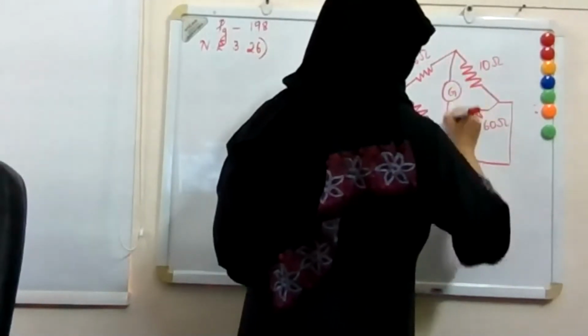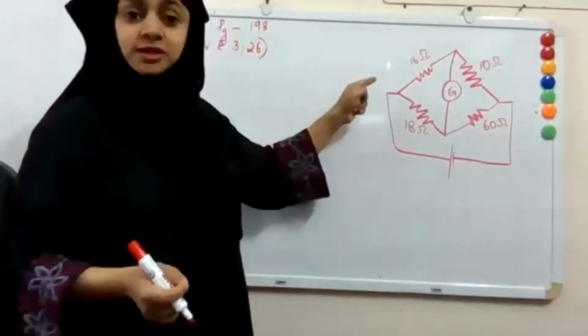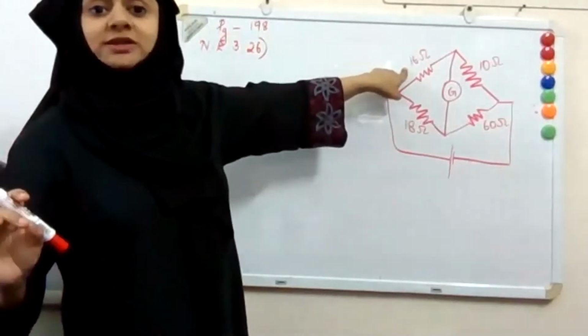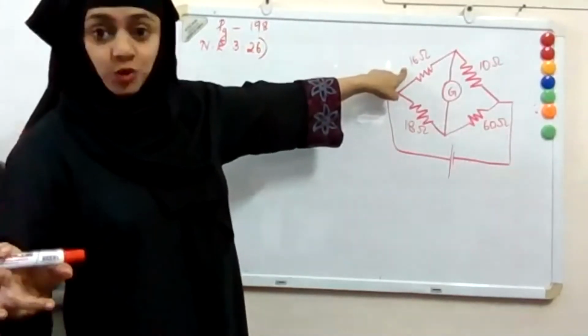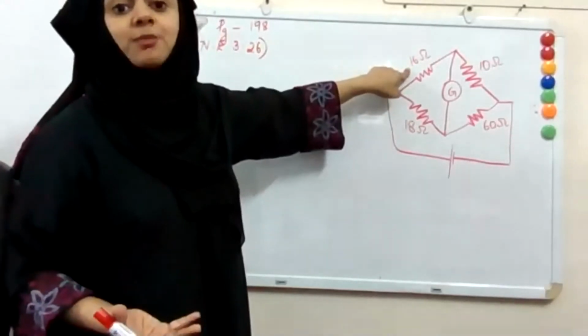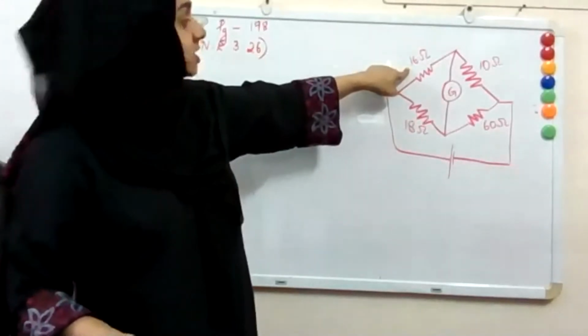At this point, I would like to bring to your notice that in the question they have given 16 ohm, but for calculation, they have used only 6 ohm. If you use 16 ohms, the calculation will become more complex. You cannot do that without the help of a calculator.